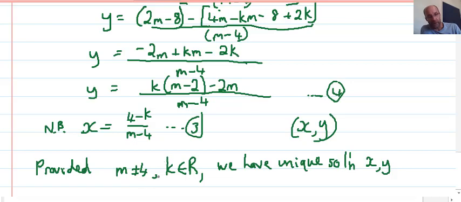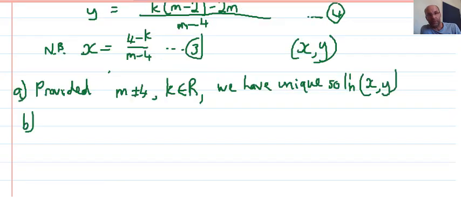Okay, so m just cannot be equal to 4, it can be equal to everything else. So another way of writing that would be m an element of the real numbers but excluding 4, the set of all numbers excluding 4. k can be any real number, so they would generate a unique solution, all of those cases. So that was part A.